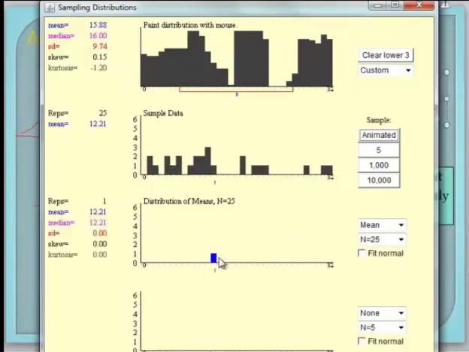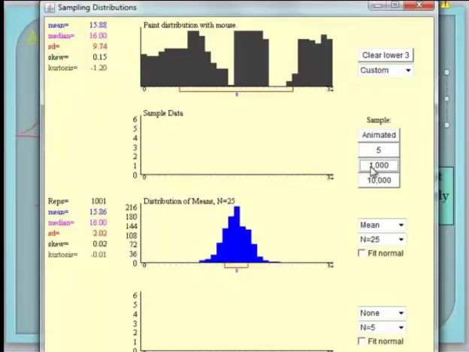Okay, there's our mean. Now we're going to do this 8,000 times. In fact, let's do this 10,000 times. Look at this, a totally bizarre distribution. But when I take the sample means, the distribution of all those sample means for n equal to 25, look at that. We get a normal curve.